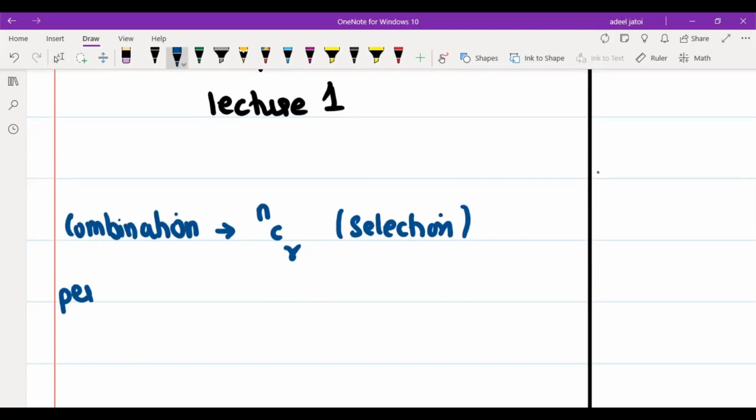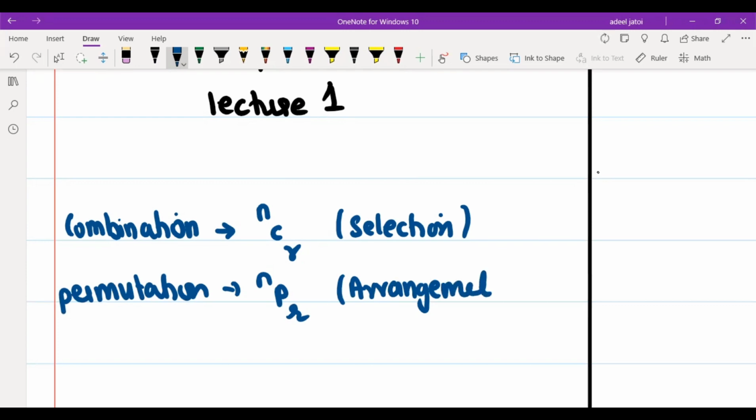Whereas permutation is nPr, and this works through arrangement and selection both.